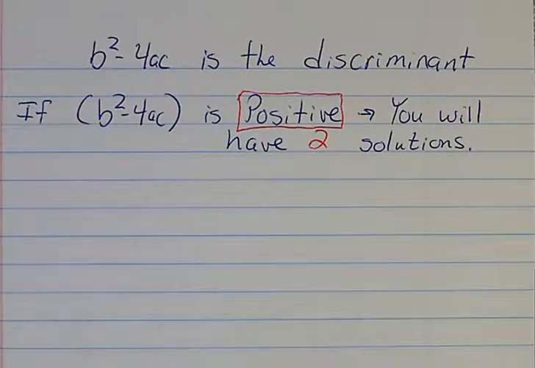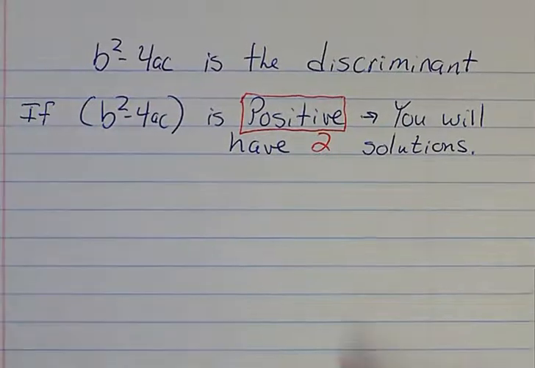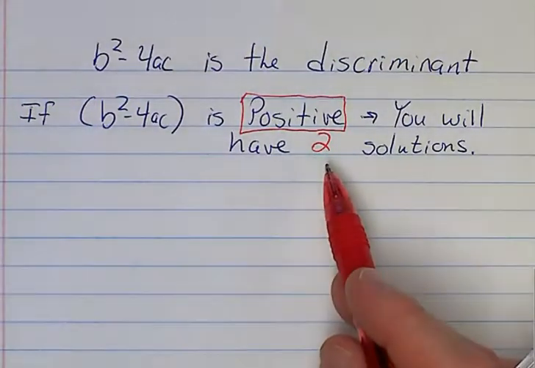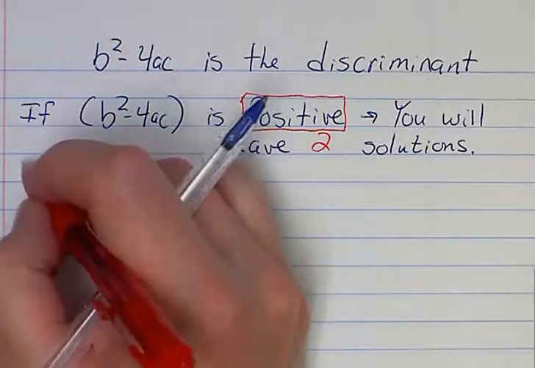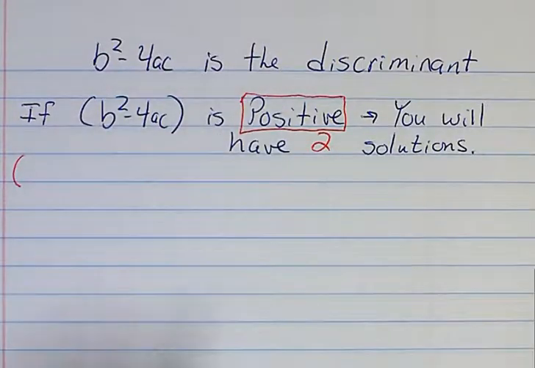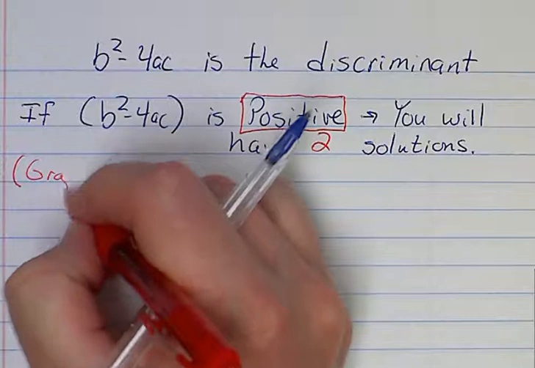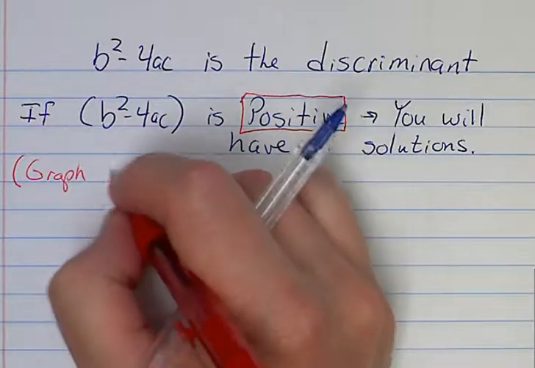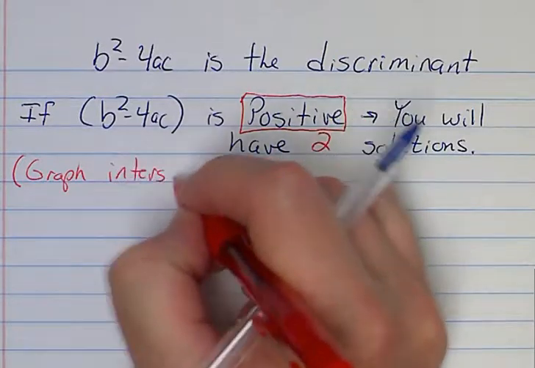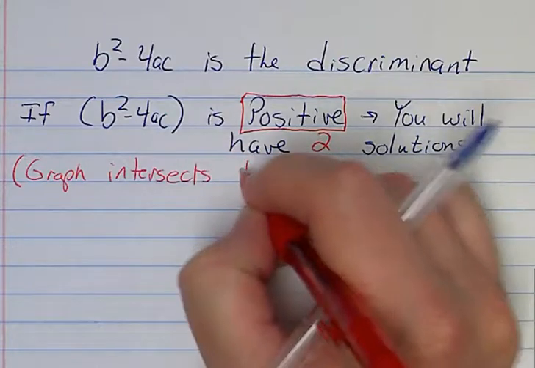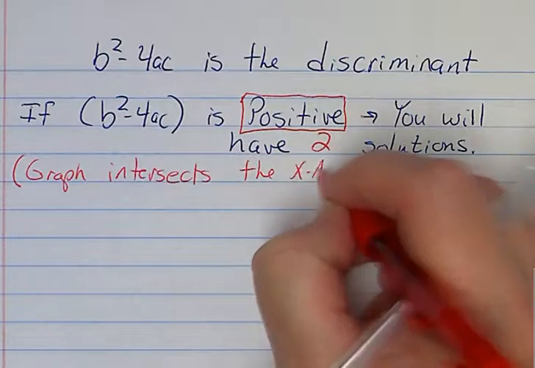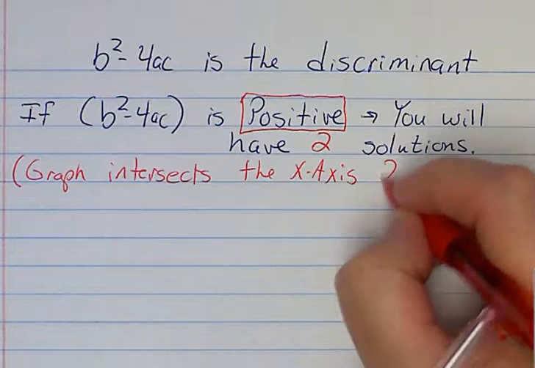Now, when we start graphing these, here's basically what that means. If you have two solutions, what that means is that the graph intersects the x-axis 2 times.